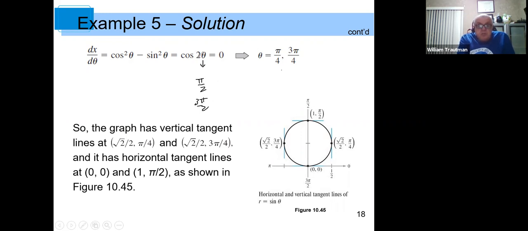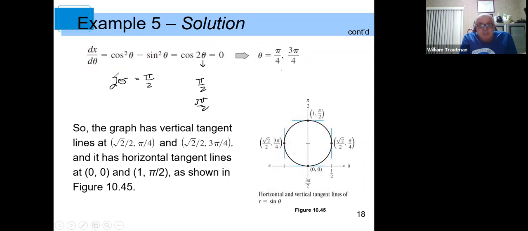But if we have to multiply theta by 2 to get that, 2 theta equals pi over 2. How do I get theta?